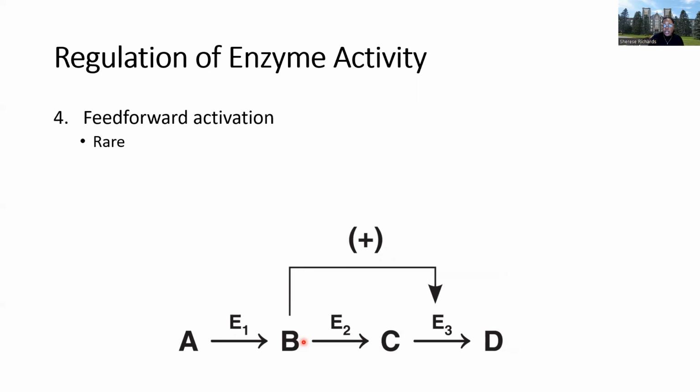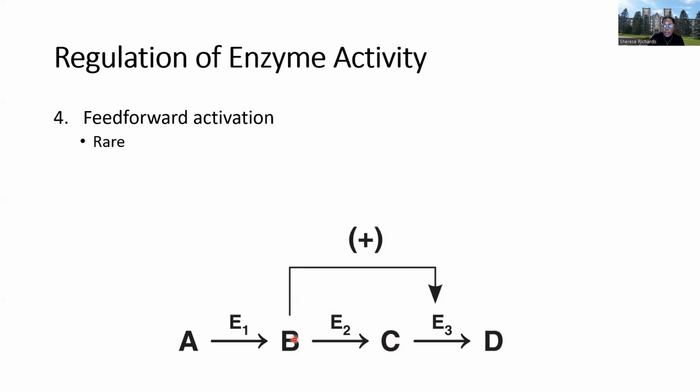So the example here, again, we have substrate B, enzyme 2 catalyzing that to product C, and then we've got substrate C being catalyzed into product D by enzyme 3.